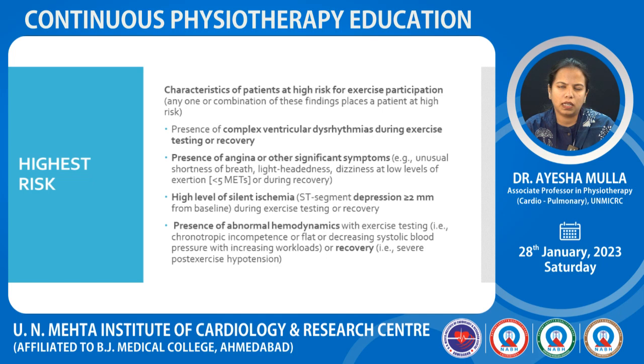Then the patient falls under the high risk category. Abnormal hemodynamics means chronotropic incompetence or a flat or decreasing systolic blood pressure with increasing workload. So even though we are increasing the workload, if the systolic blood pressure falls or the heart rate is not increasing, then the patient falls under the high risk category.